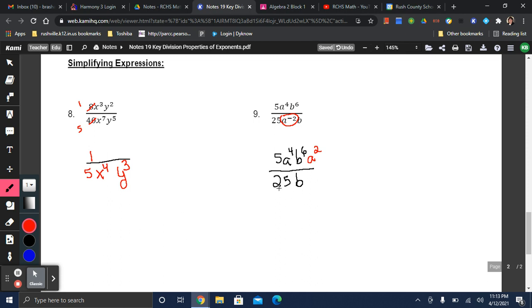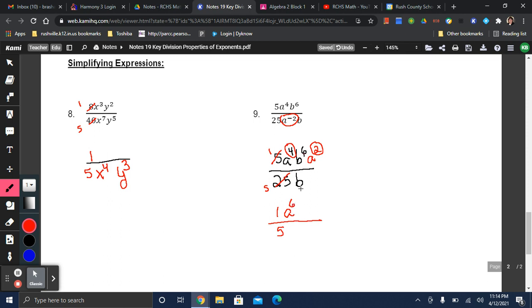So then I'm going to look to see, can I cancel or do any reducing? Well, 25 will divide by 5 and give me a 5. 5 will divide by 5 and give me a 1. So I know I'm going to have a fraction with 1 in the numerator and 5 in the denominator. I have a's on top. I have a 4 and a 2. So the a is going to total up. Those exponents are going to add to give me a to the 6th.